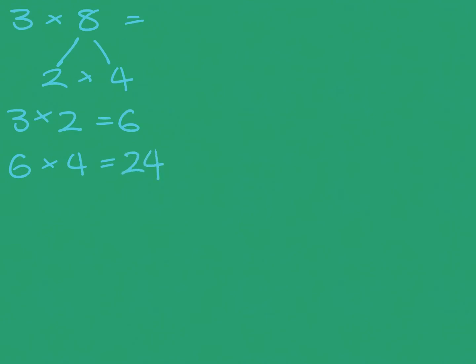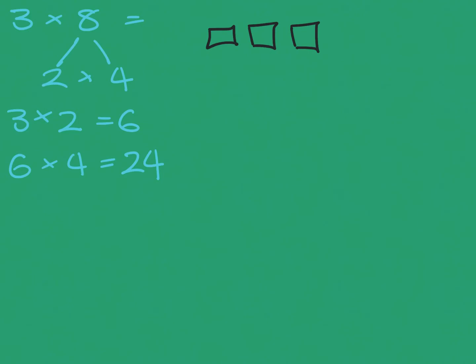Okay, here's another simple one. Obviously it's going to give us the same answer, but 3 times 8, what does it give? I'm going to look at the 8 and find the factors inside 8. So that's 2 and 4. So 3 times 2 is 6, and 6 times 4 is 24. That is what we should be seeing in your book. Over here, I'll show you the visualization.